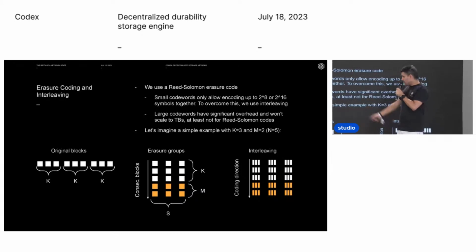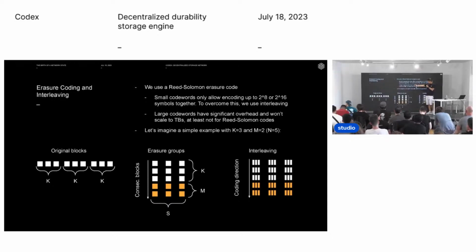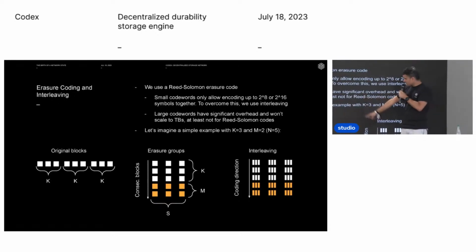We position these blocks consecutively, vertically, as you can see in this figure. So this is block number 1, 2, and 3, and so on. Then you generate the extra encoded blocks, which are the orange ones at the bottom, and you do that with all the blocks until you finish the entire data set.